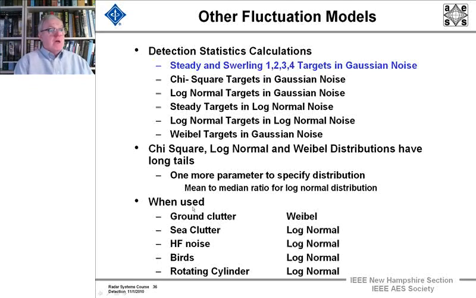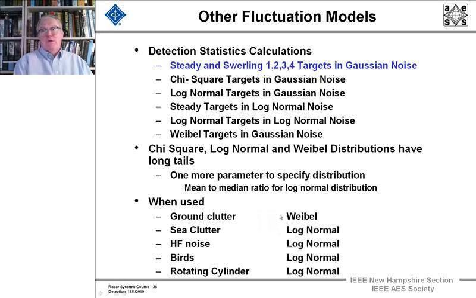Now, these different distributions are used under many different cases. With ground clutter, particularly with the very long and voluminous work that Barry Billingsley did over decades, the Weibull distribution is used to characterize ground clutter.